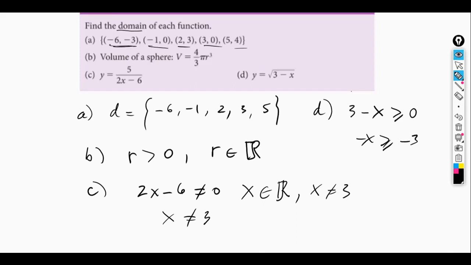And remember that if you divide or multiply an inequality by a negative, it is going to flip. So we get that x must be less than or equal to 3. That means the domain is x belongs to all reals and x is less than or equal to 3.